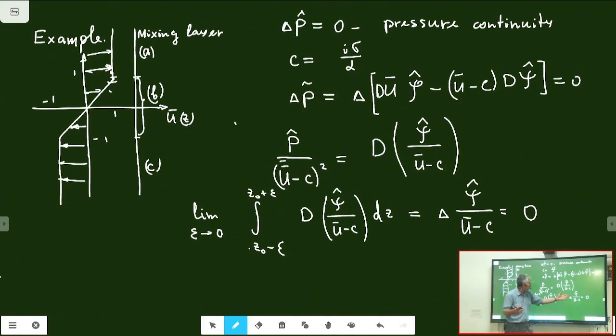So therefore, this is 0. So now we have this condition, we have this condition, and we have the equation that we derived previously, which is the Rayleigh equation. So therefore, what I will do now is write the final formulation of the problem in algebraic terms.